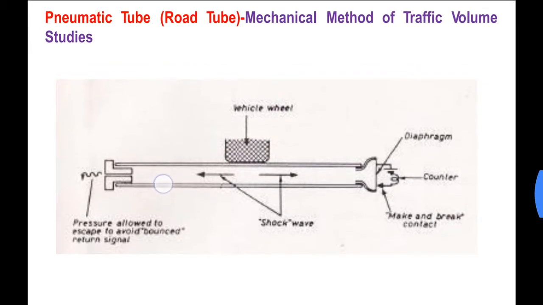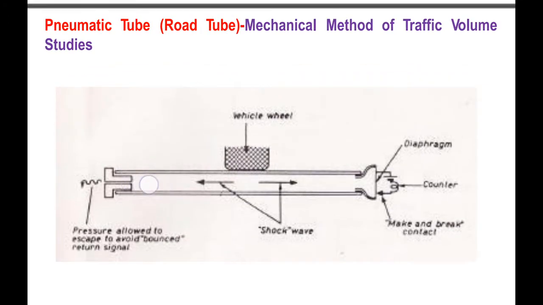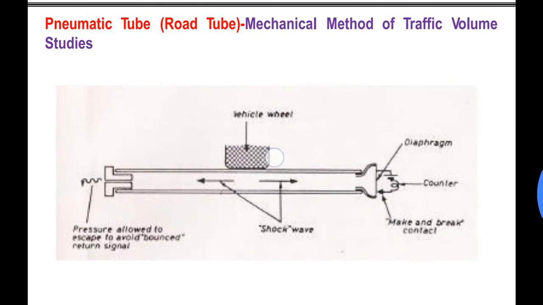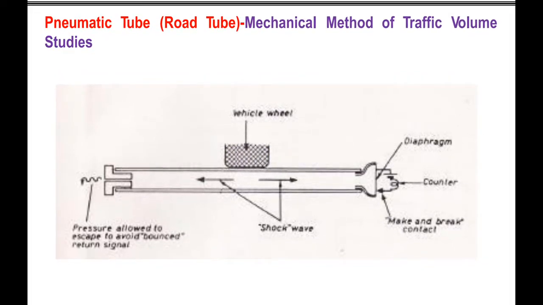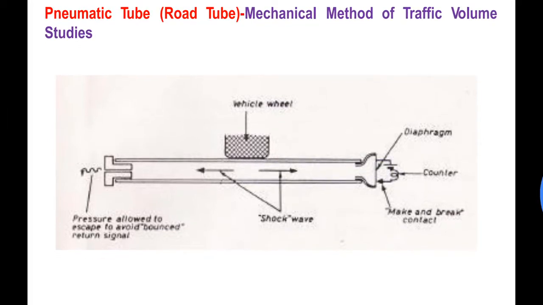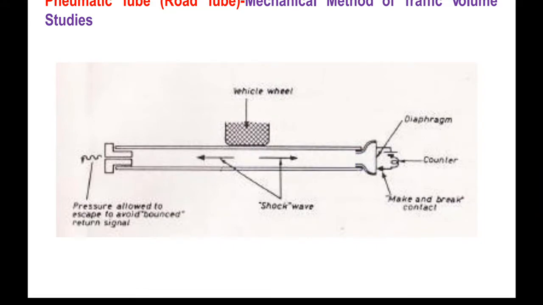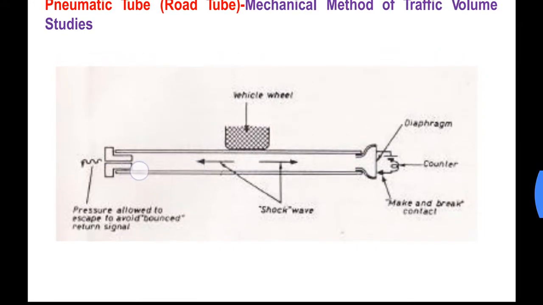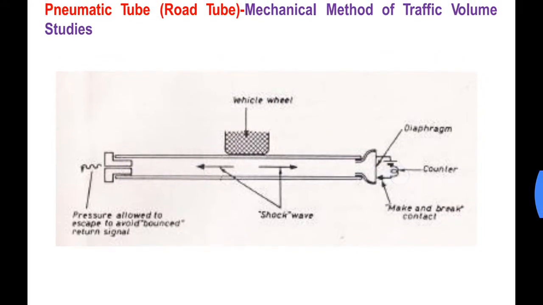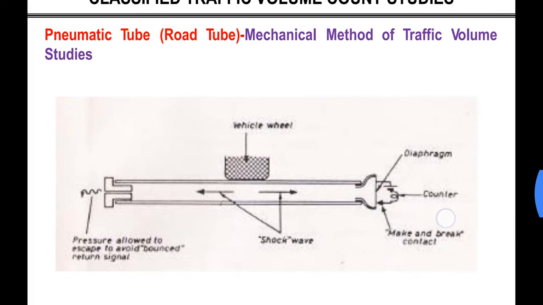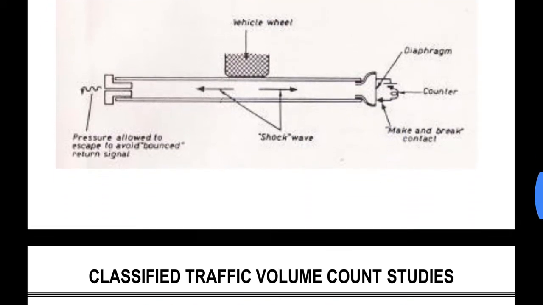How this works is, when a wheel of the vehicle passes over this tube, a shock wave is generated. This shock wave is generated towards both the ends, but since here the end is plugged, the shock wave through this diaphragm goes into the counter and hence one vehicle is counted. This is how it basically works.